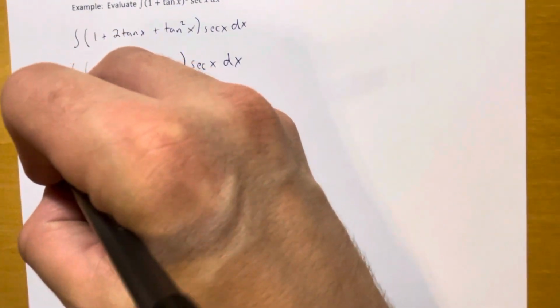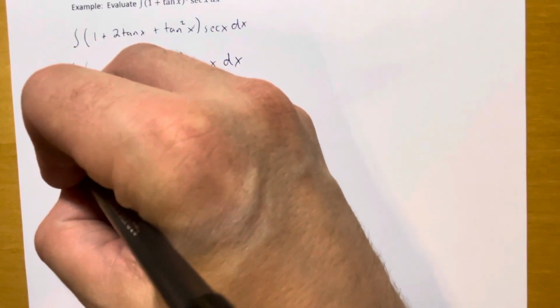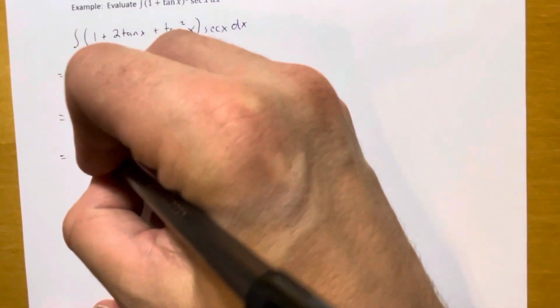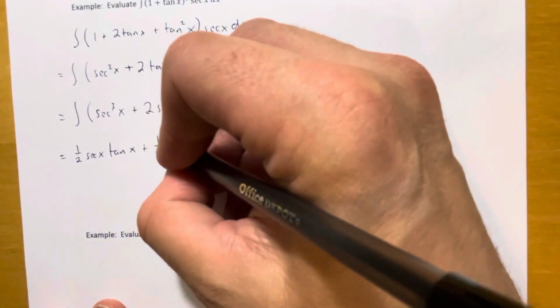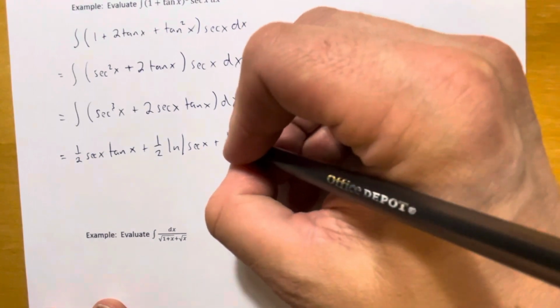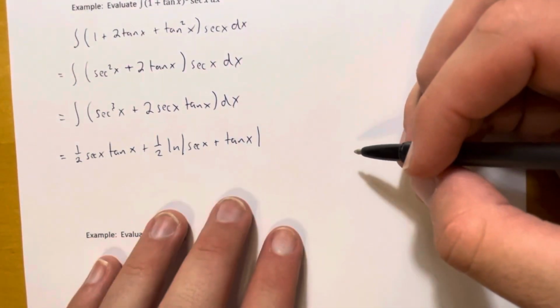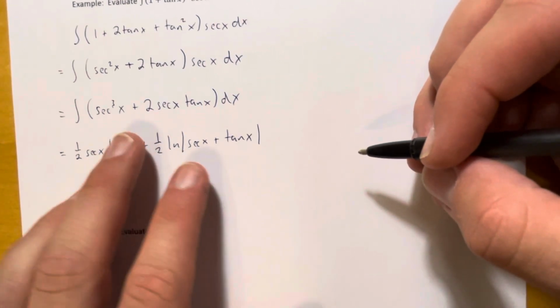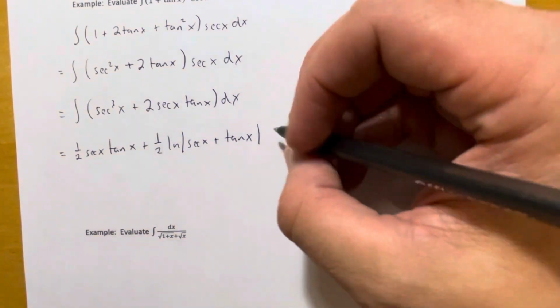Back then, we found that the secant cubed function, when we integrate it, gives us this: 1/2 secant of x tangent of x plus 1/2 natural log of the absolute value of secant of x plus tangent of x plus c, of course, but I'm going to save that for the end. It's nice not having to go through all of the work to get to this stage. We're just reusing previous work.